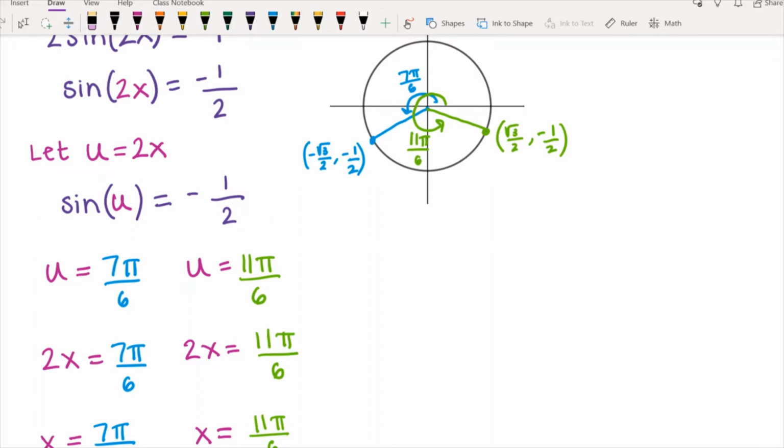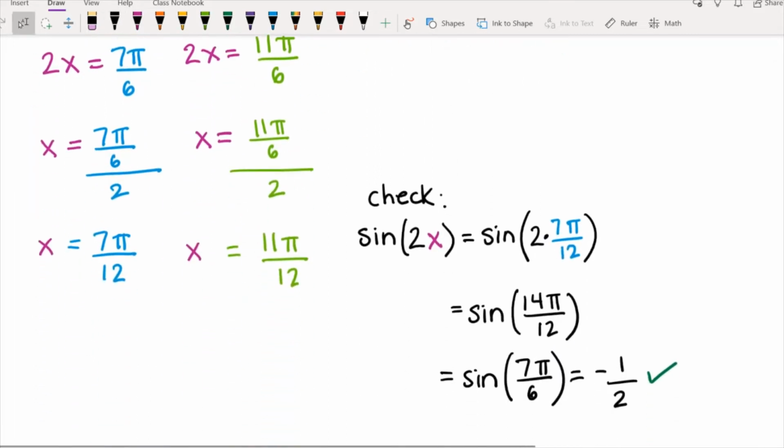It's not the case that sine of 7 pi over 12 itself is equal to negative 1/2, but it is true that sine of 2 times 7 pi over 12 is equal to negative 1/2. So if we're trying to understand whether our answer works, you need to do 2 times that number because that was our original equation.